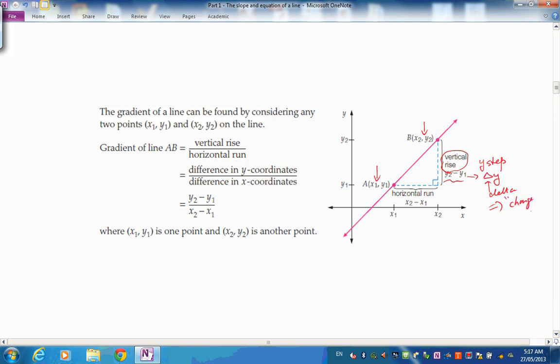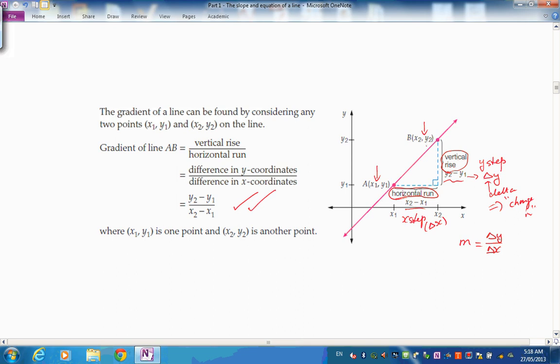Instead of horizontal run, that's a difference in the x's. This is the x step. You might like to make a definition that the slope or gradient is delta y on delta x, because delta in mathematics is used to mean changing. So that's our definition.